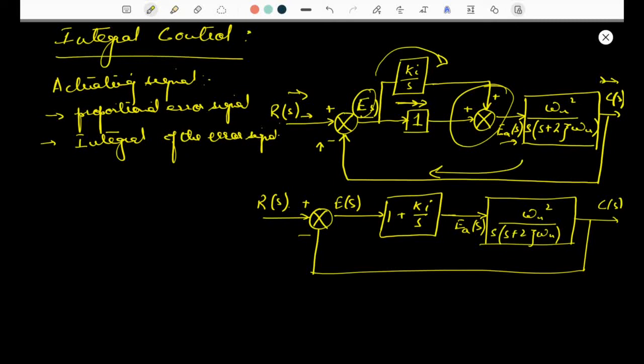The second block diagram is simply a simplification of the first. As we said already, this is the sum of the proportional error signal and the integral of the error signal.